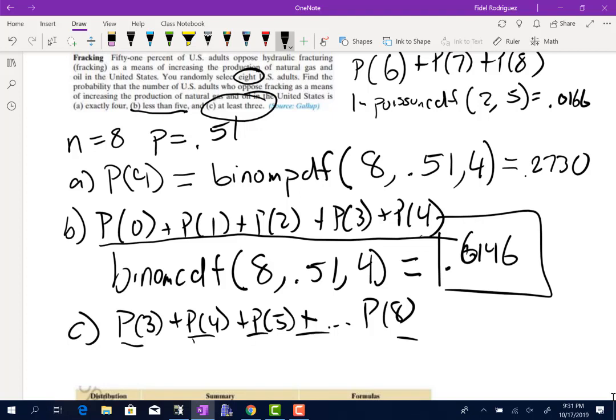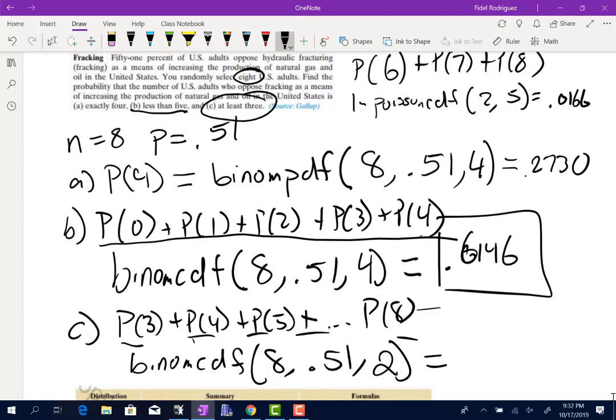Or we could go binomial CDF, and my n is still 8, my probability is still 0.51, but if I'm going to start from 3 forward, then I'm going to look at numbers like 0, 1, and what? So my last number will be the 2, right? And then once we get that number, we're going to do 1 minus that answer, right?